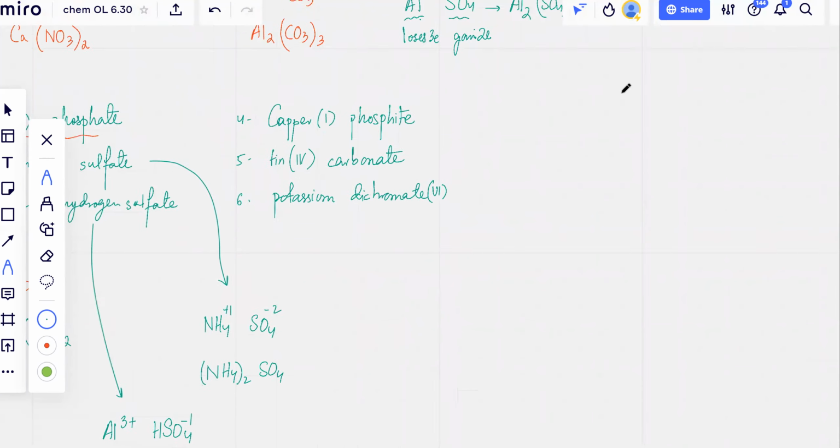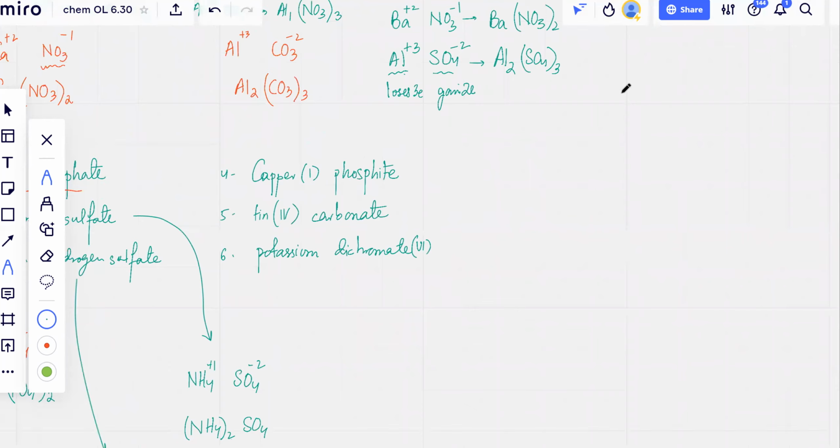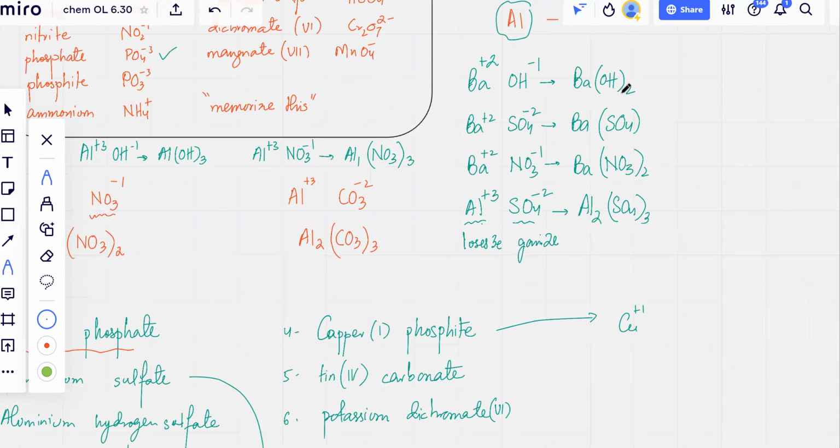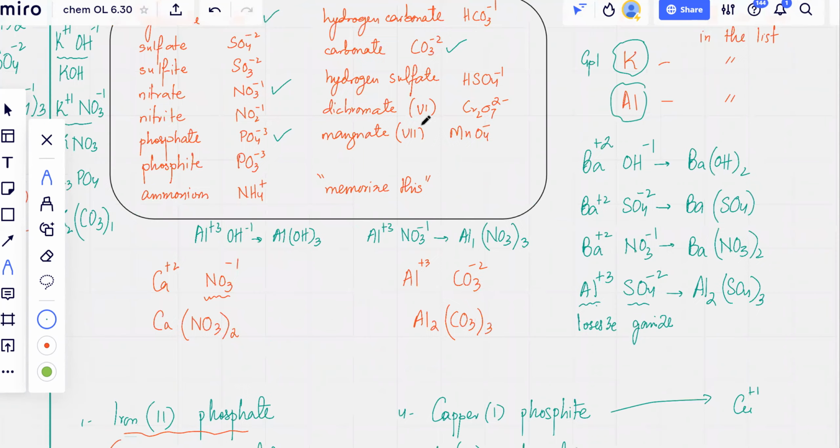You've got copper 1 phosphide. Copper 1 means that Cu has a charge of +1. What is phosphide? Phosphide, again, have a look at the table. It's PO3 with a charge of -3.